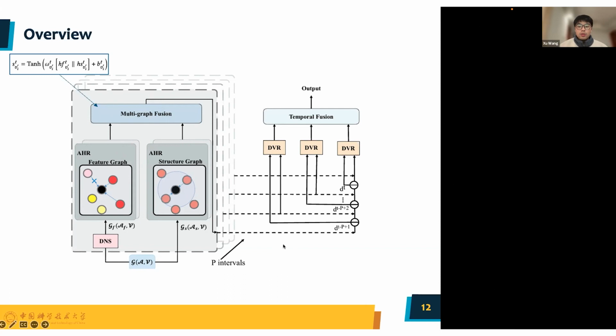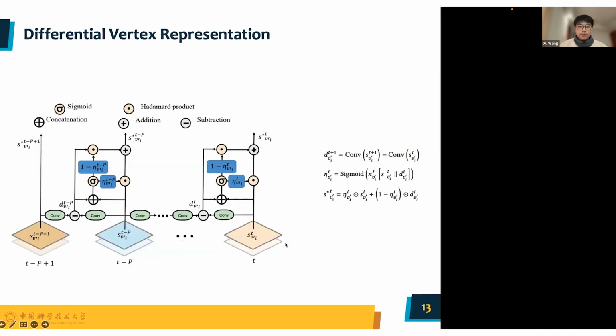Next, we detail the DVR module. DVR module takes advantage of differential information to enhance modeling temporal correlations. Specifically, DVR first applies one-dimension convolution on the feature of nodes, then computes the differential information of the convolved features.